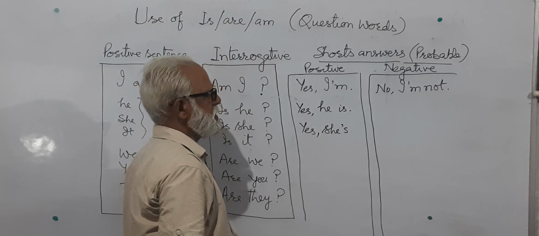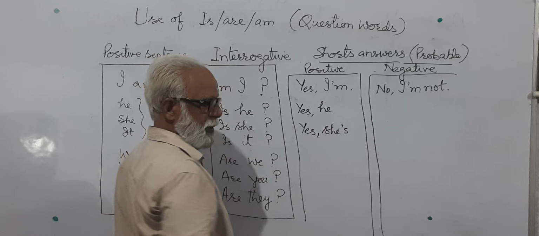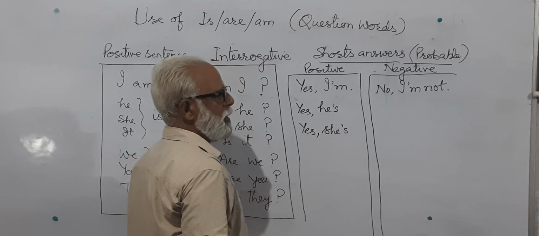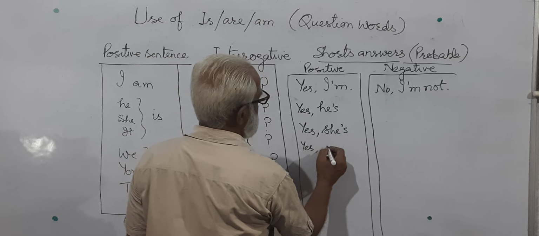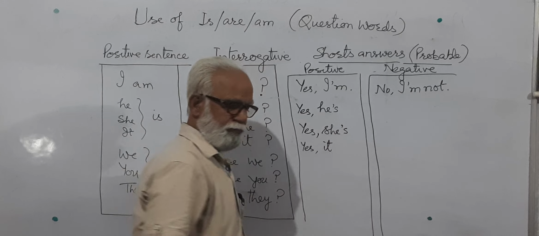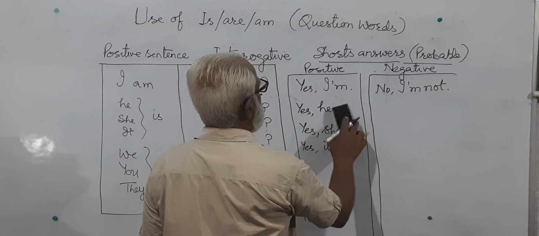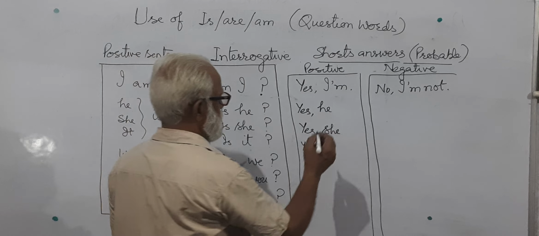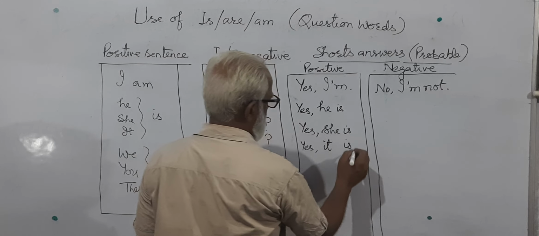You can say like this. Yes, he is. Yes, she is. Yes, it is, it's. But it would be better if we use is. It would be better and make some impression. Yes, he is. Yes, she is. Like this.